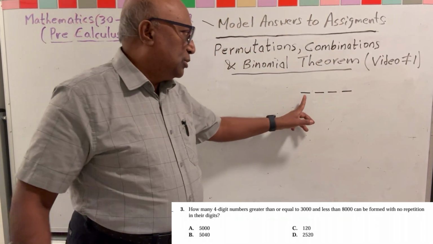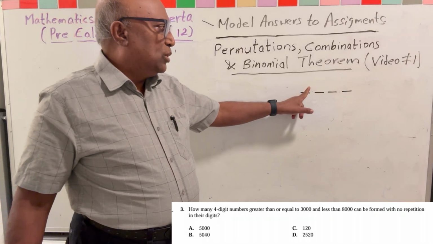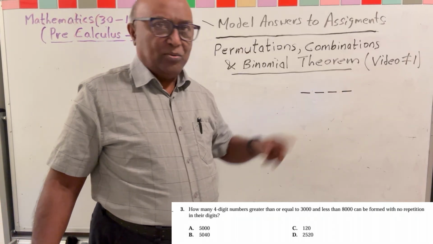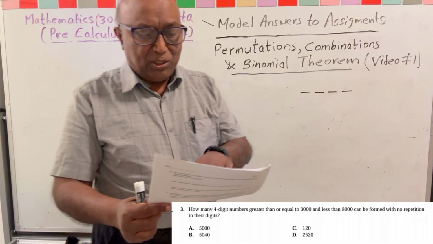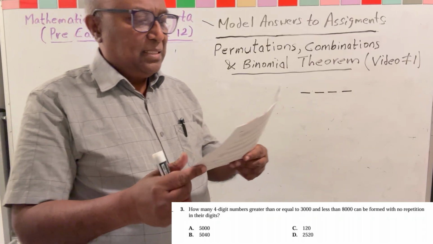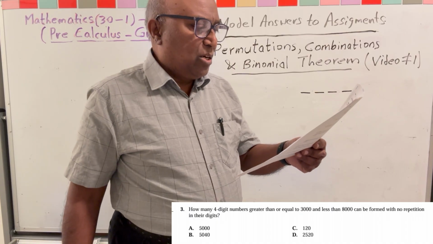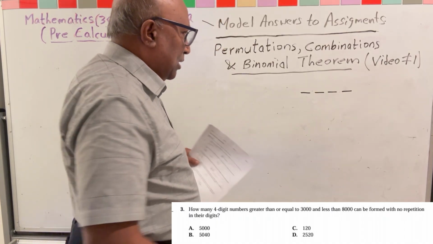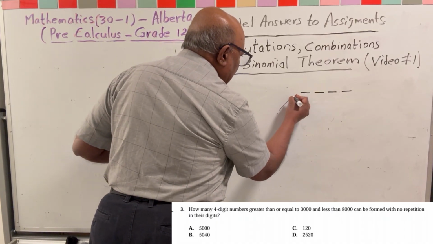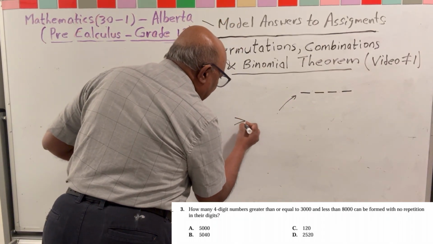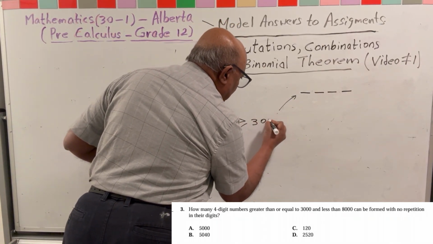I put some spaces for numbers like 2025, but that is not the number for this one. This number should be greater than or equal to 3000.